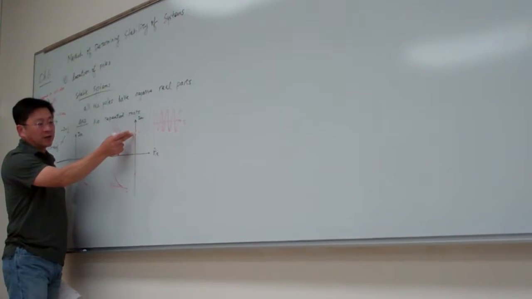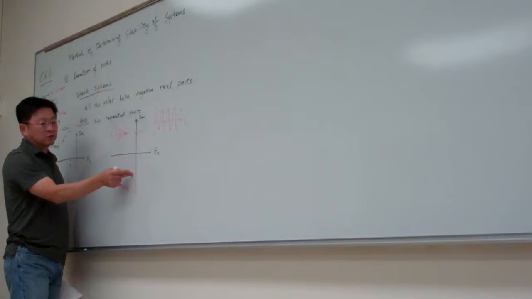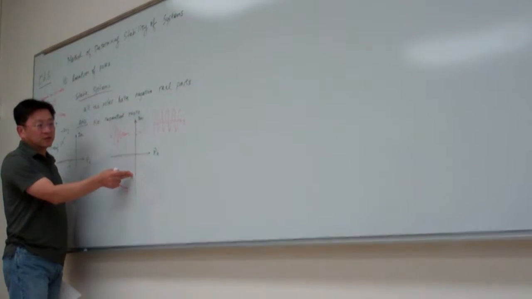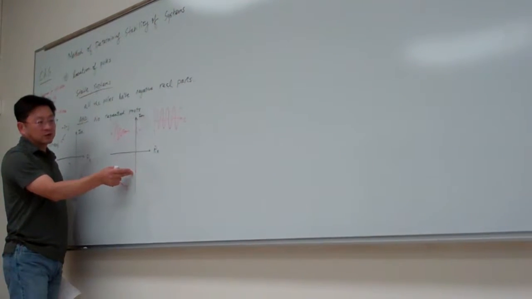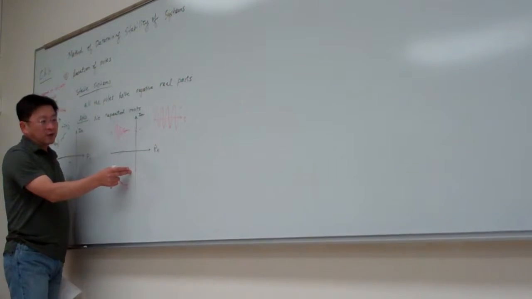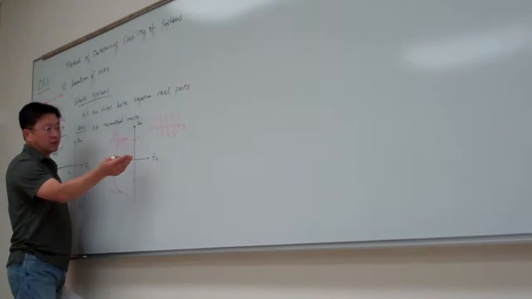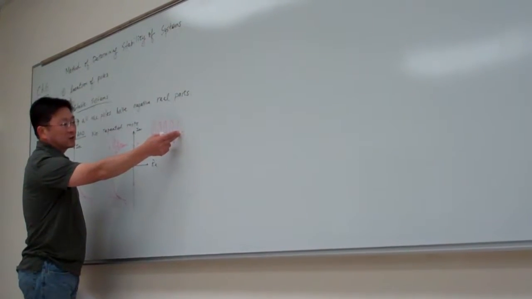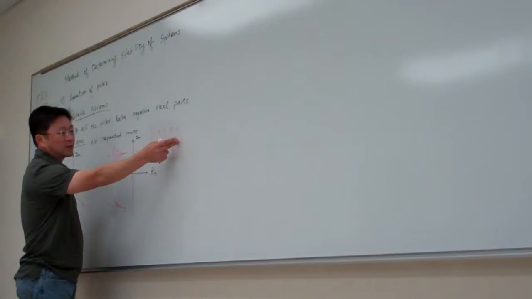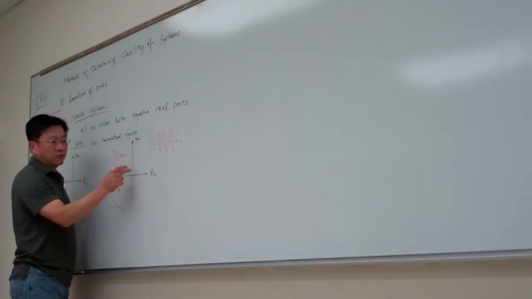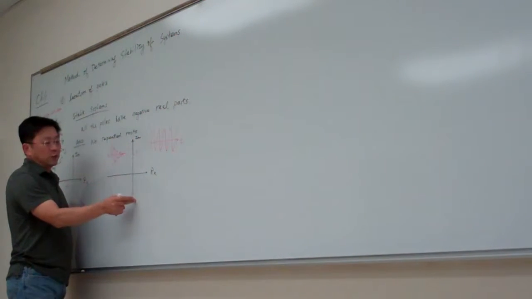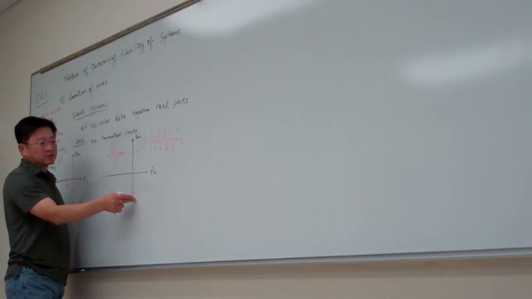The response of the two poles will govern the eventual response of the entire system. When we superpose the 3 responses together, eventually when t goes large, the response is governed by the 2 poles here. So the 2 poles are the dominant poles of the system.